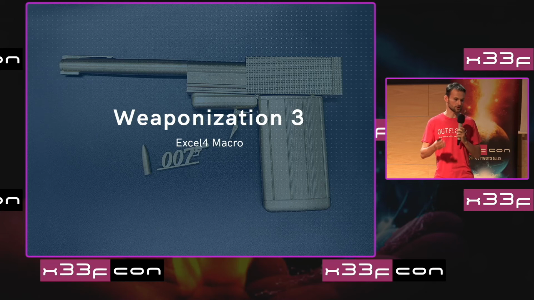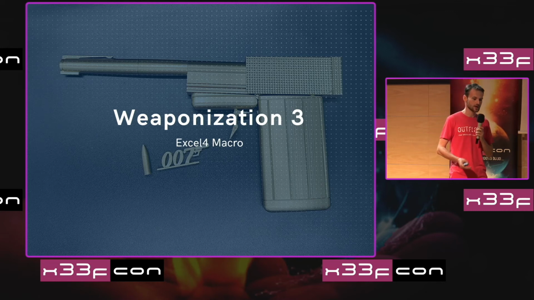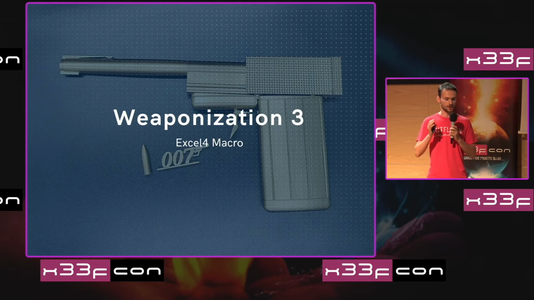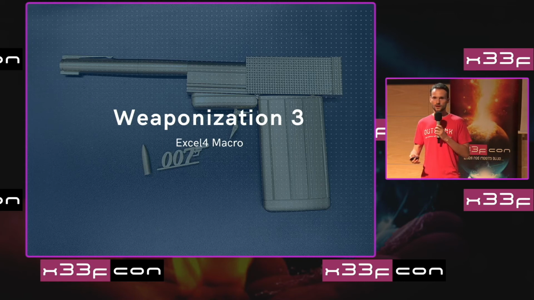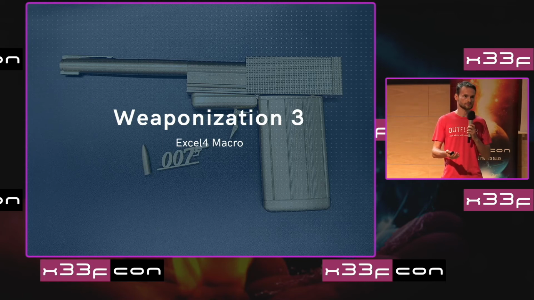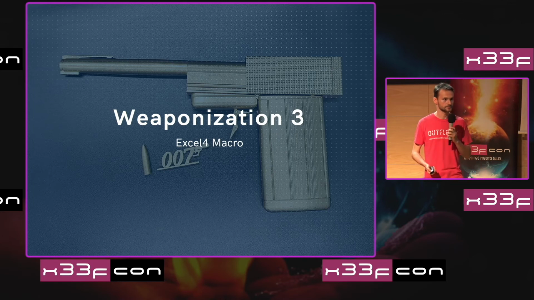We want something really nice, like one file that fully exploits the target just after this enable macro button is clicked, that works on any Office version, any Windows host version, 32-bit, 64-bit. We basically want a golden bullet. Let's see if we can find that.